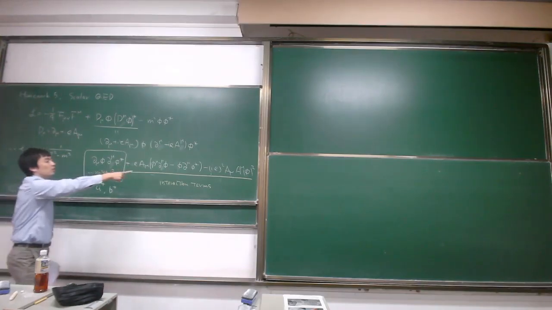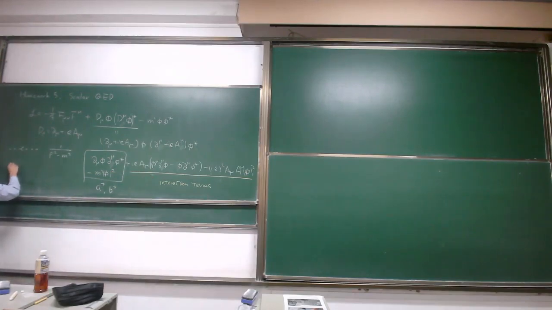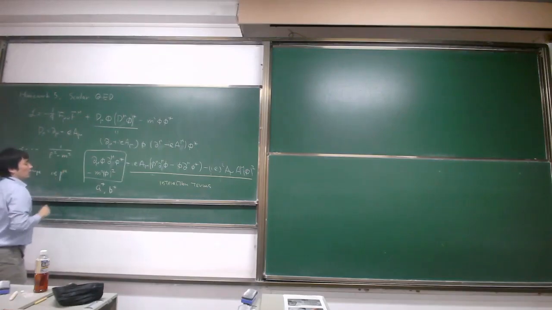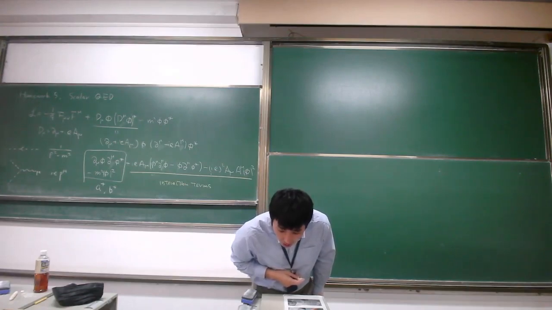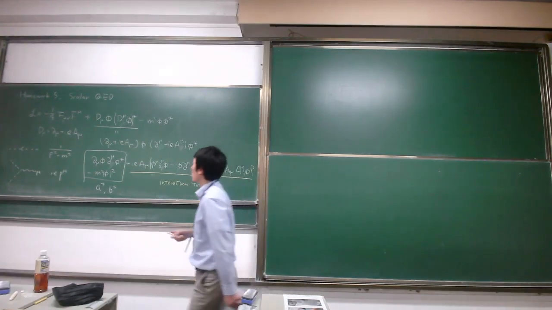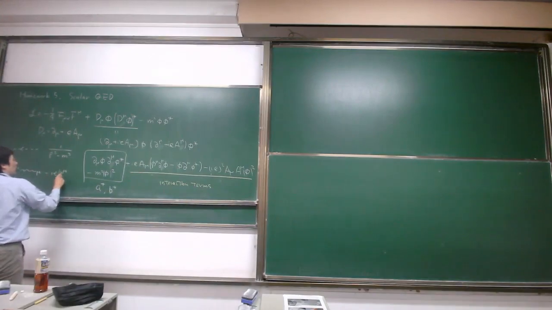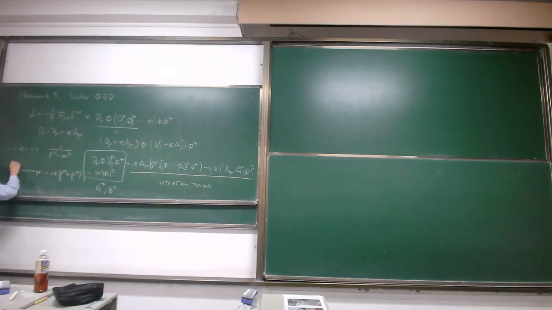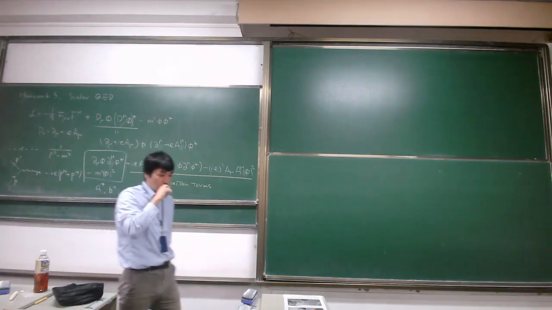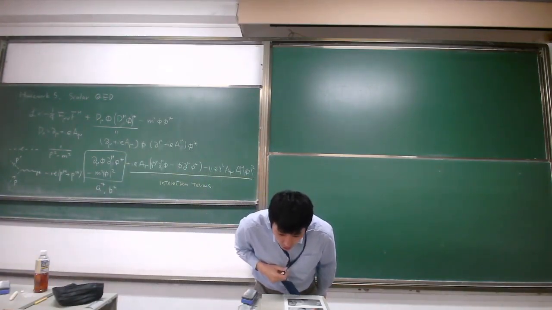And here, what we have is something like this one: mu. This is i e (p plus p prime)^mu. I think, what is the sign of this one? p^mu and plus p prime^mu. Okay. So this is the case. Yep.